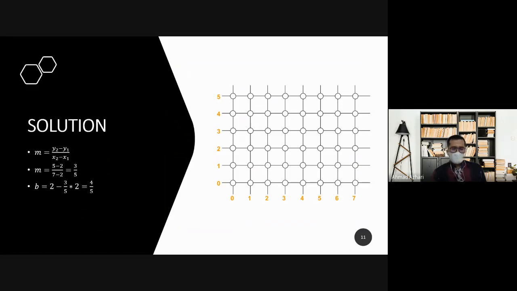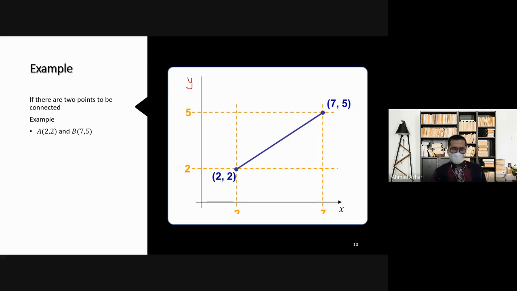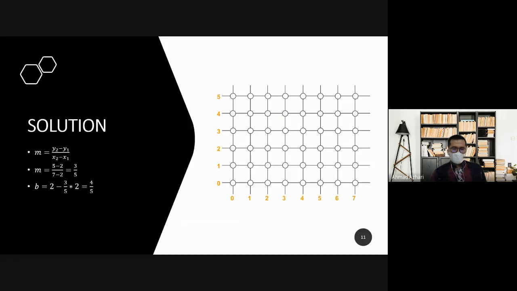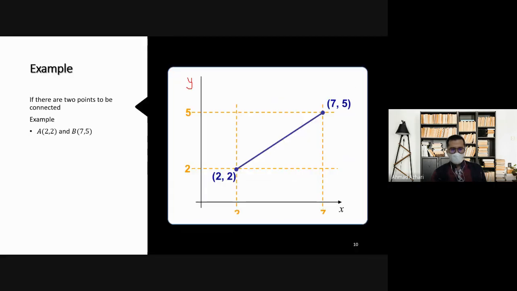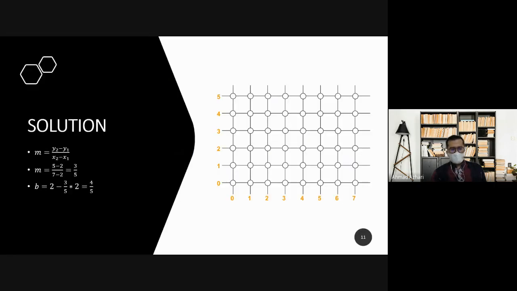Here y1 is 2, m is 3 divided by 5, and x1 is 2. So we get 2 minus 3 divided by 5 multiplied by 2, which is 4 divided by 5.